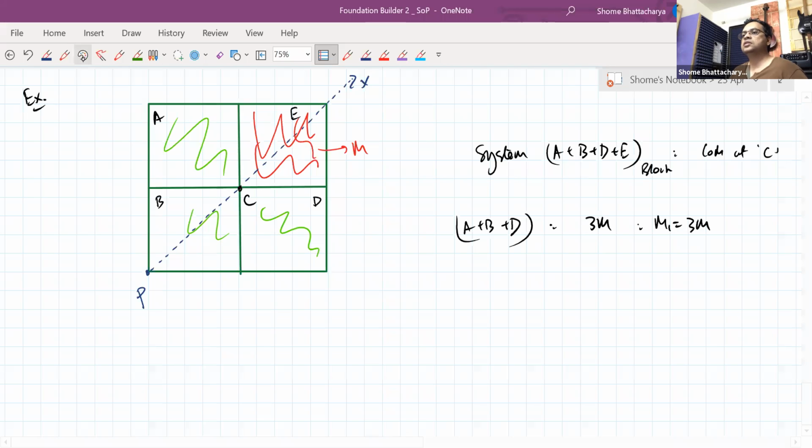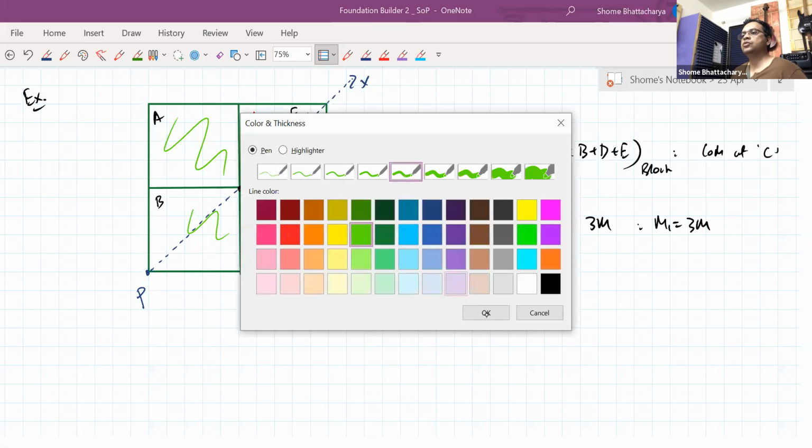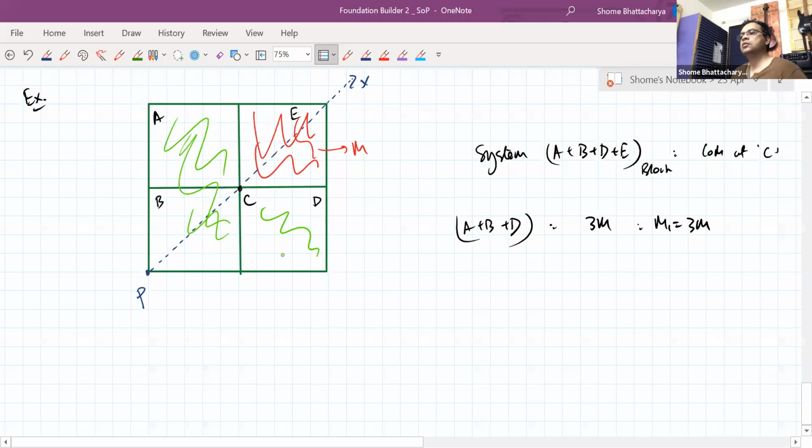So this whole green shaded portion is M1, which is 3m, and its center of mass is somewhere here, at C1, which is at some x1, which I don't know, comma 0.